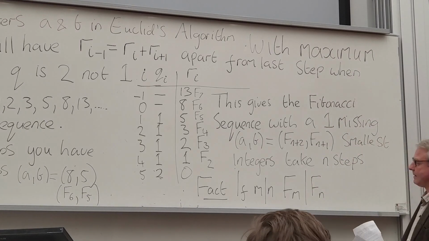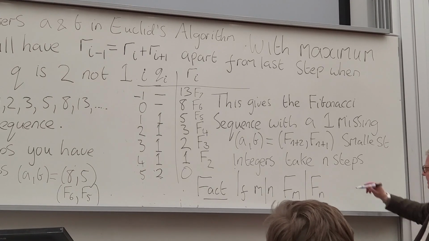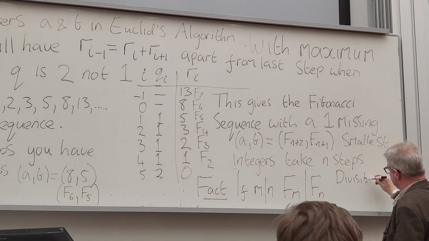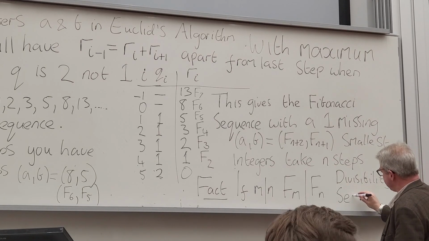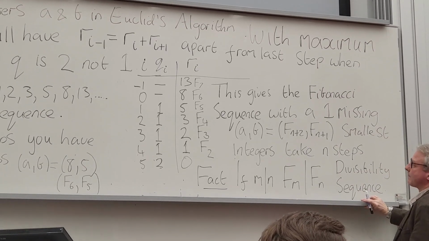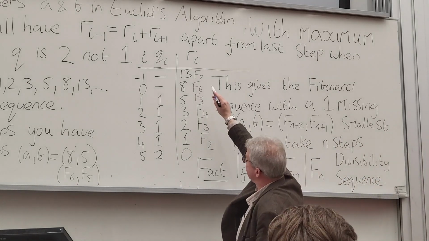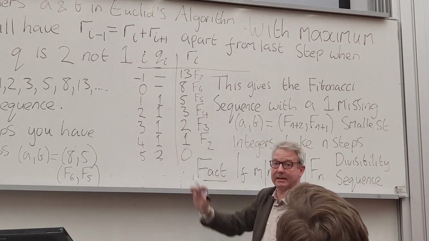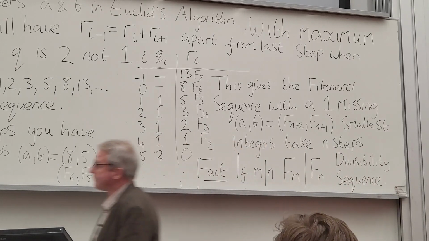So it's actually not that many sequences. They're called divisibility sequences. So here, if I carried on up, F8 is 21, F4 is 3, 4 divides 8, 3 divides 21.